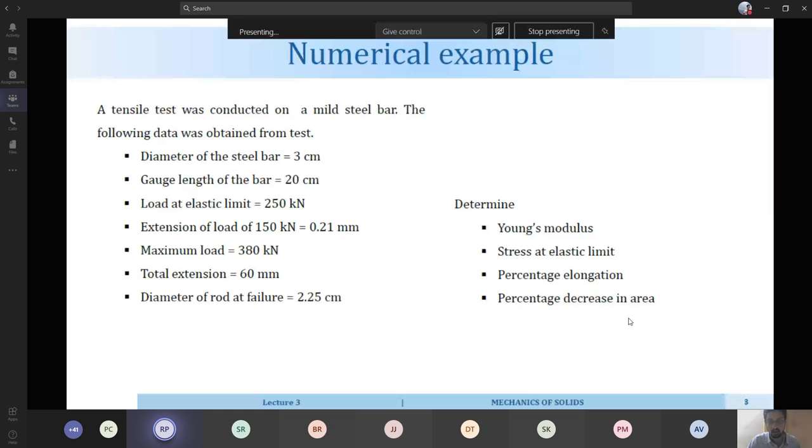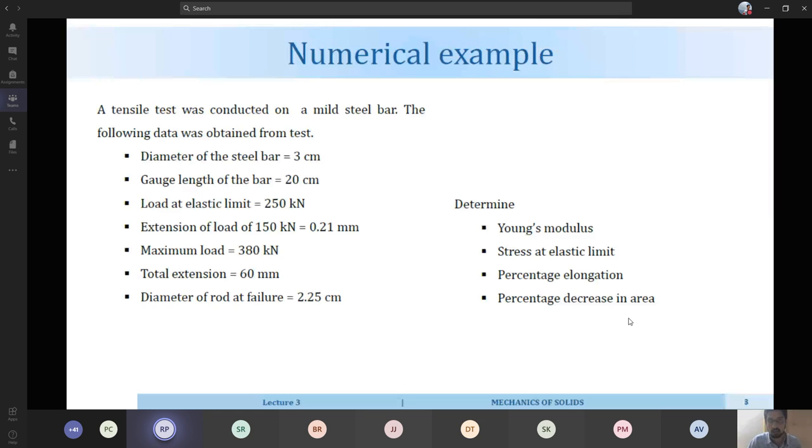Before the elastic limit, we can calculate using the load 150 kilonewton divided by the area equal to Young's modulus into 0.21 mm by 20 centimeter. With that, we can find it. Yeah, so just tell me the expression again.